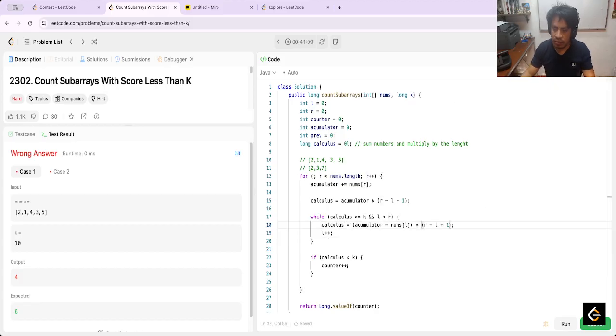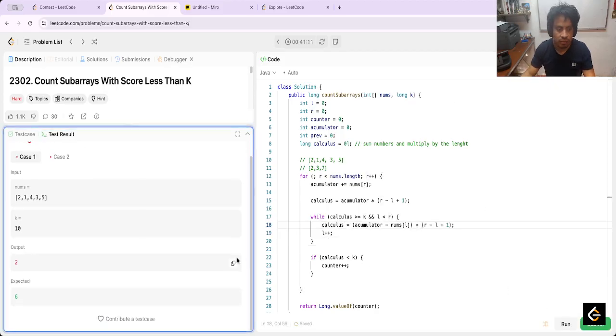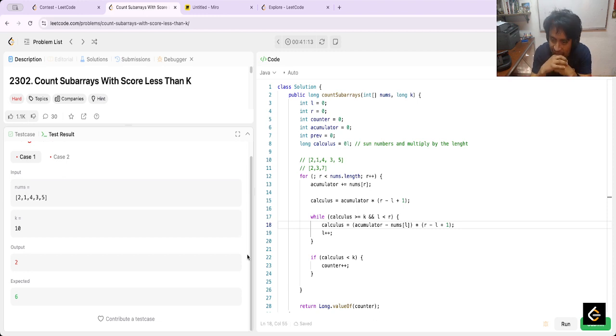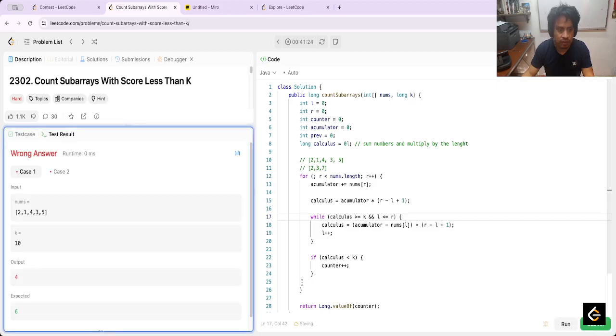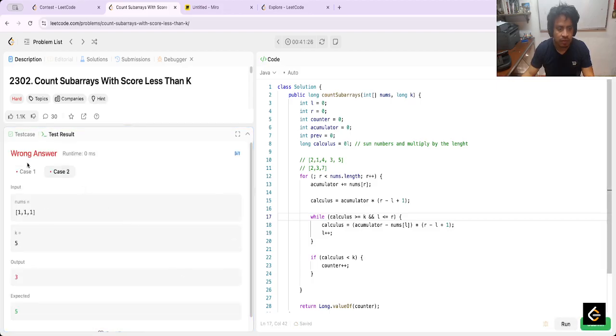Oh no. Come on, come on. Still with the same result. Why? Accumulator, the first time is 2. 2 multiplied by 1 is 2. Is greater than this.